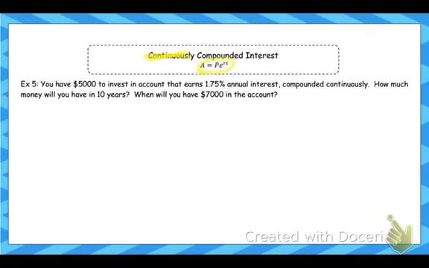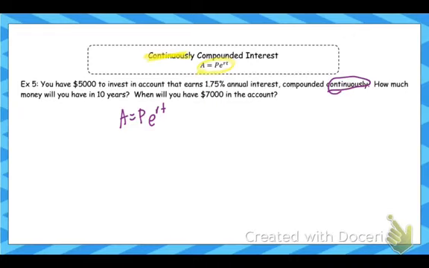So let's look at this one. You have $5,000 to invest in an account that earns 1.75% annual interest, compounded continuously. So that is our clue that we're going to use the PERT formula. Question 1: how much money will you have in 10 years?